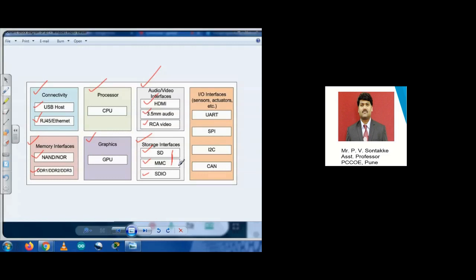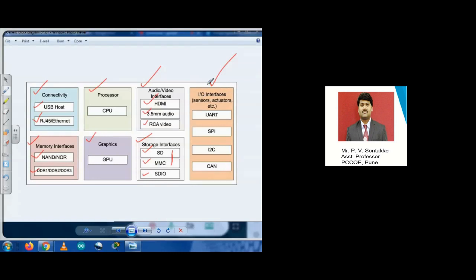Nowadays we specifically use SD cards very widely, isn't it? In the same way, traditionally we used MMC cards also. But it differs only with the physical constraints. That's it, the sizes.